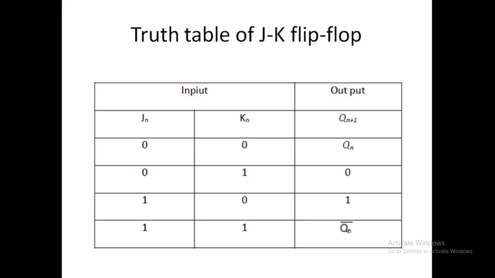So here the truth table for 0 and 1: if we apply 0 for both J and K, then the output will be Qn, and if we apply 1 for both, then the output will be Qn bar.